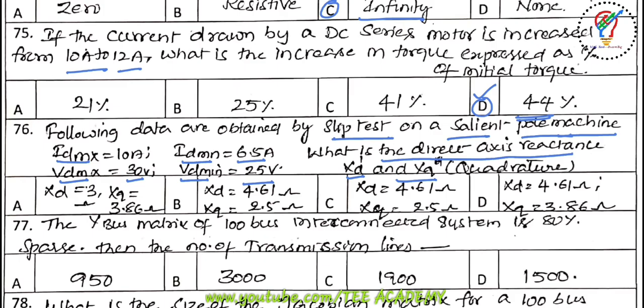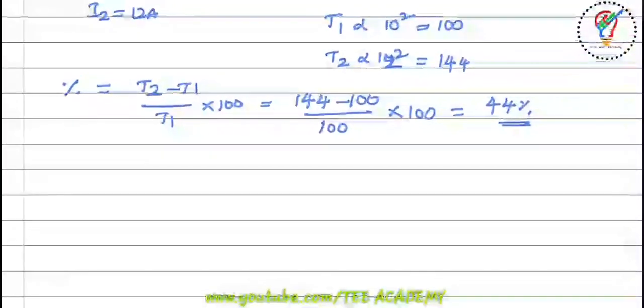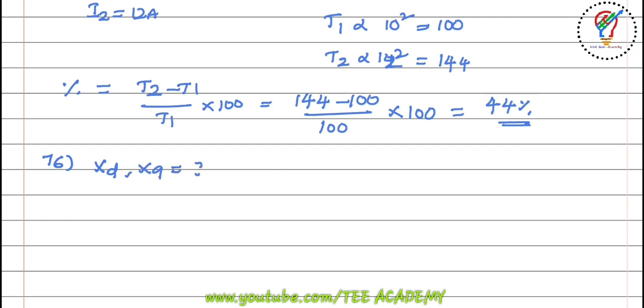Let me explain the same data on a fresh page. The question number that we are seeing here is the 76th question. In the 76th question, you need to calculate XD and XQ.